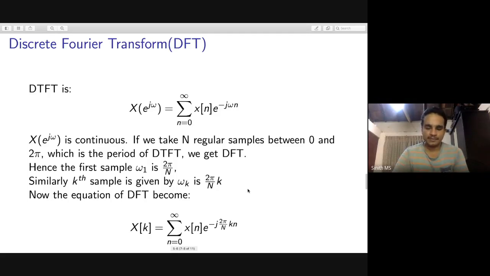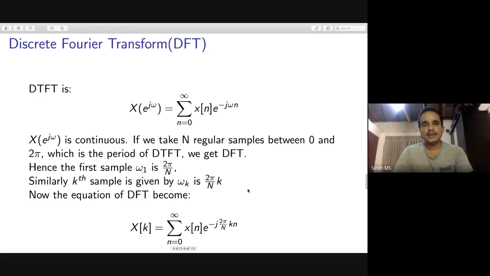So we are seeing the discrete Fourier transform, and we saw that if you take a discrete signal, its Fourier representation is the discrete time Fourier transform, which is continuous as well as periodic. Since it is periodic, we are bothered about only one period, which is repeating all the way.